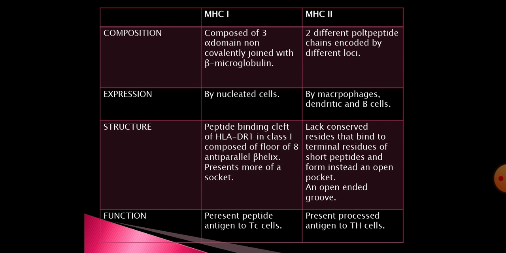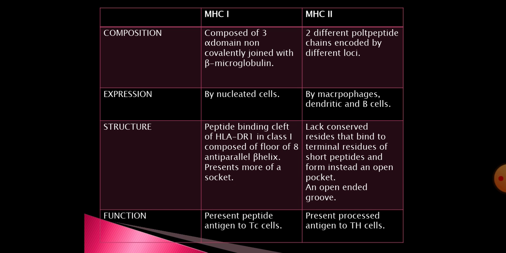I have also written about a few differences between class 1 and class 2 molecules regarding composition. MHC1 has three alpha domains joined non-covalently, and a beta 2 microglobulin, while MHC2 has two different polypeptide chains encoded by different loci.